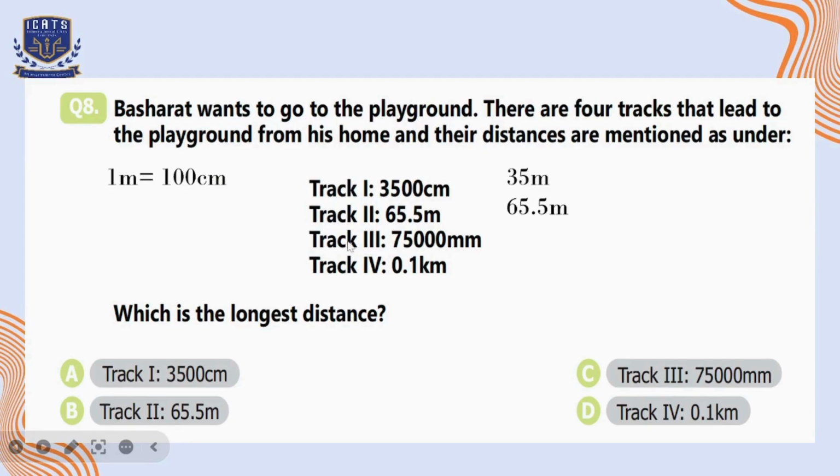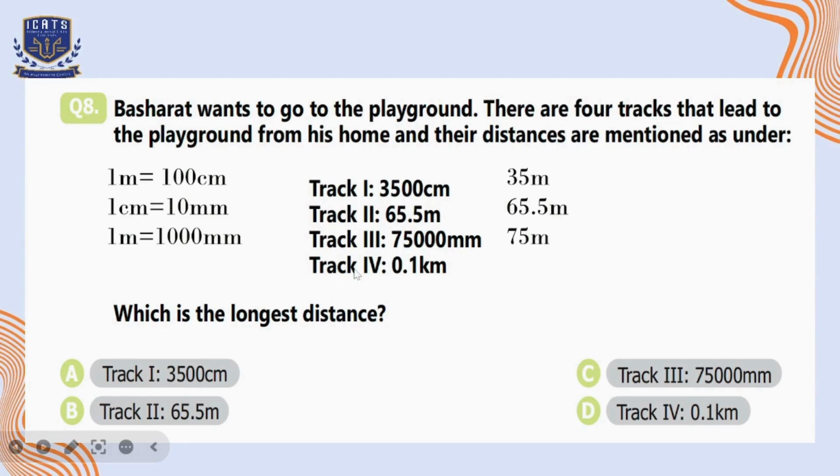Then the length of the third track is 75,000 millimeters. We know that there are 10 millimeters in 1 centimeter and 1000 millimeters in 1 meter. So we will divide 75,000 by 1000 to convert it into meters. So that will be equal to 75. Okay.